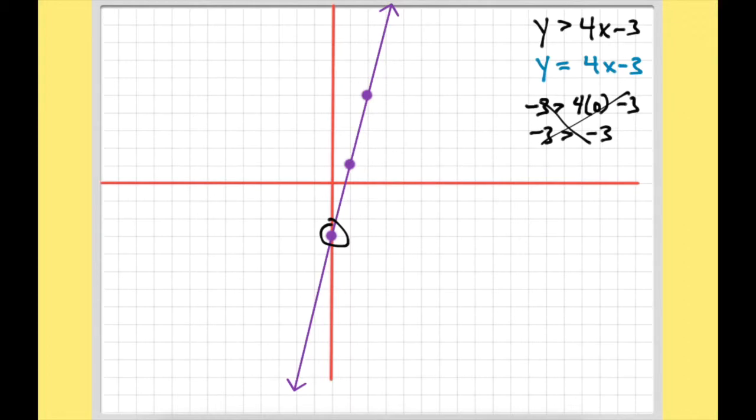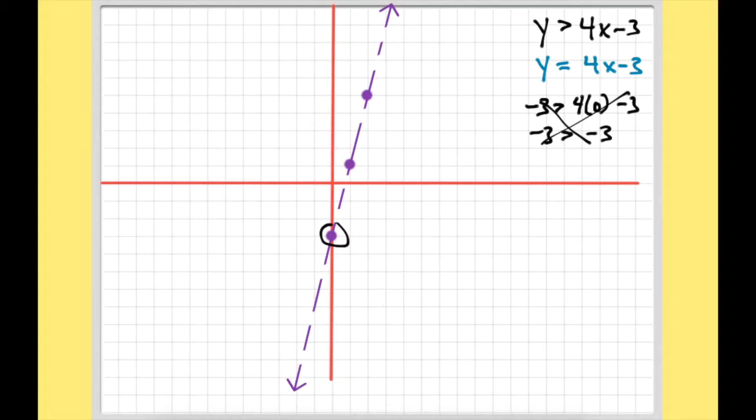So instead of using a solid line, since I want to keep this as a boundary line, but I don't want to look at that as a solution, I'm going to use a dotted line. Now, the easiest way I find to make a dotted line is just draw a solid line and then erase little portions. But you can draw a dotted line down your ruler if you'd like. So we're going to use a dotted line whenever we have greater than or less than, whenever there's no equal to part of it.